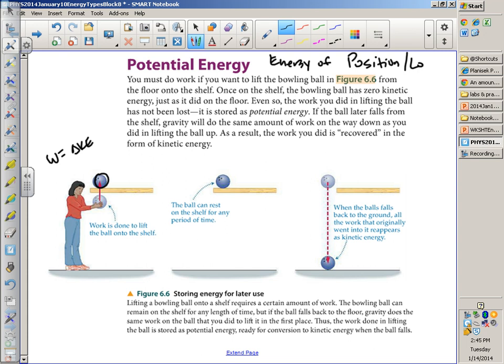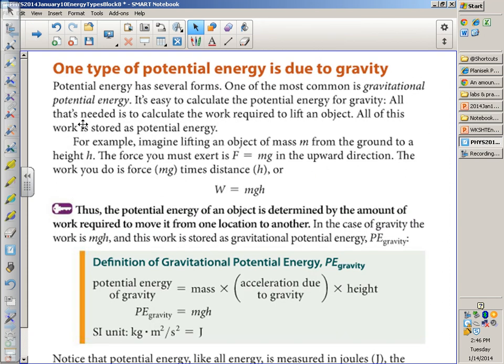or location. That object has the ability to change something because of where it is, not necessarily what it's doing. There are two kinds of potential energy that we concern ourselves with. One type is due to gravity.